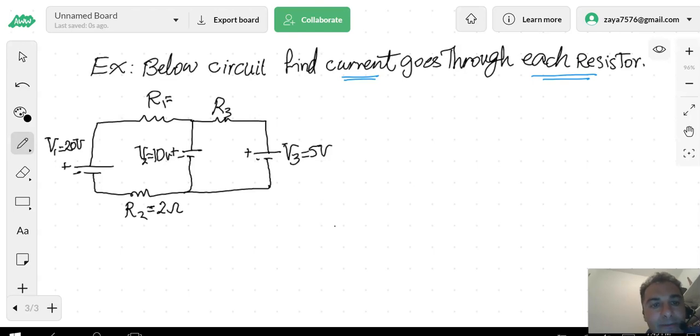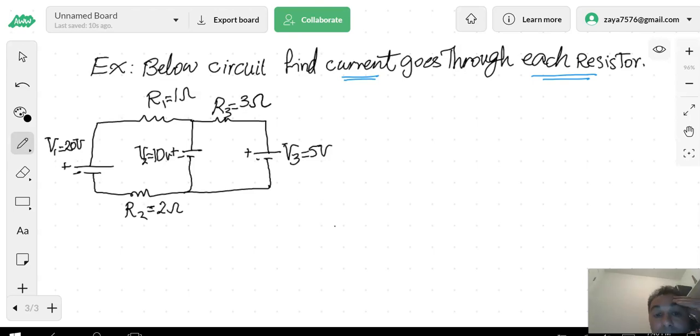Resistor 1 is 1 ohm. And resistance 3 is 3 ohm. Okay? So the question is, in the below circuit, find the current that goes through each resistor.